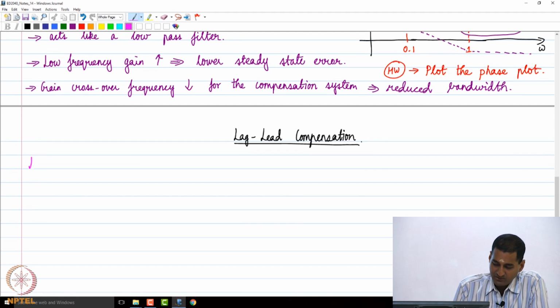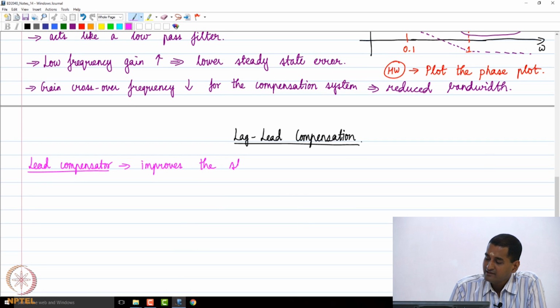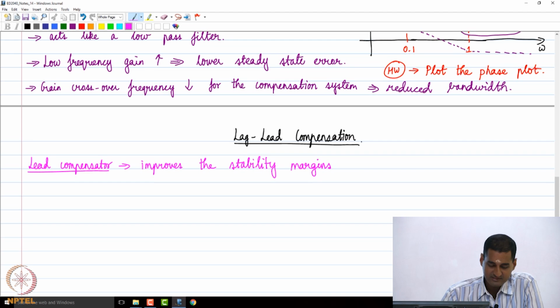Please recall that a lead compensator improves the stability margins, that is, it improves the phase margins and so on. Those are called the stability margins. Typically a lead compensator is designed to improve the stability margins, but may decrease the steady state accuracy, that is what we just discussed.